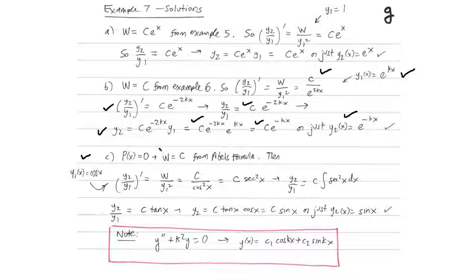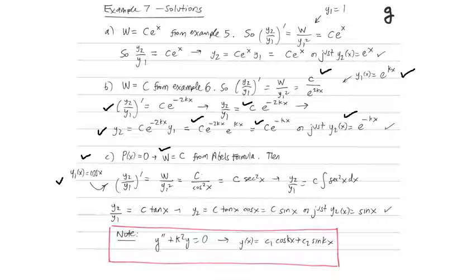So then the Wronskian is constant from Abel's formula. And in this example, we're thinking of y1 as cosine x as being a known solution to that differential equation, that's easy to verify by taking some derivatives that indeed works in that differential equation.